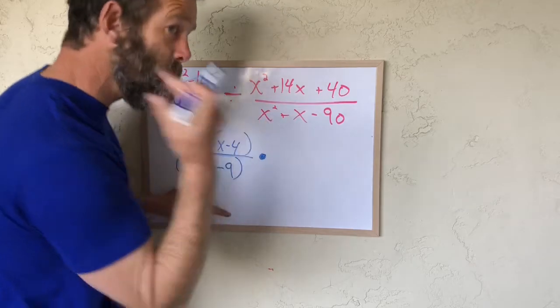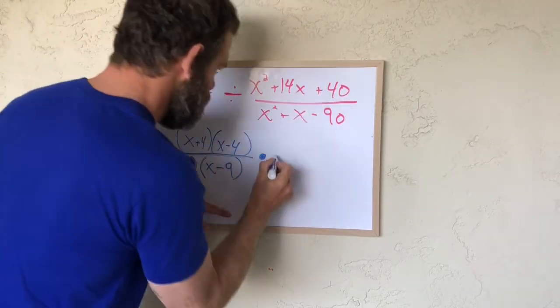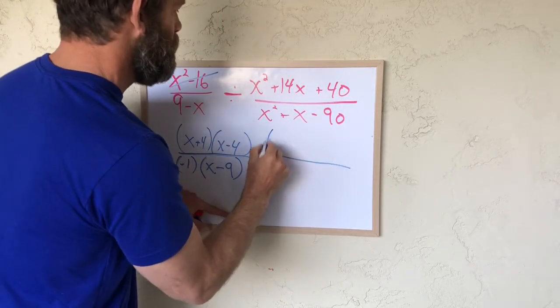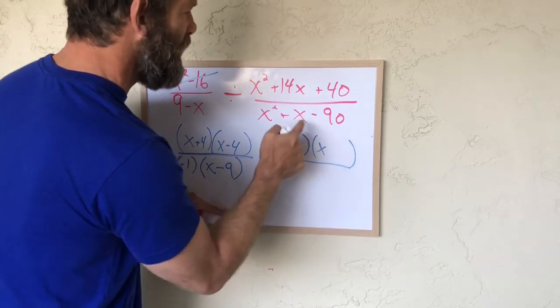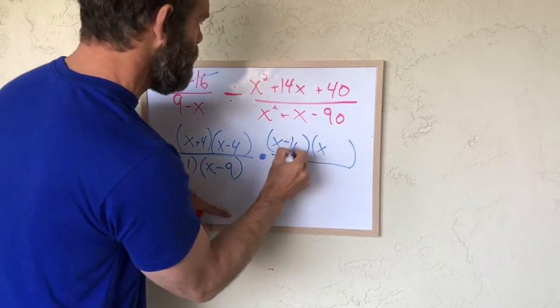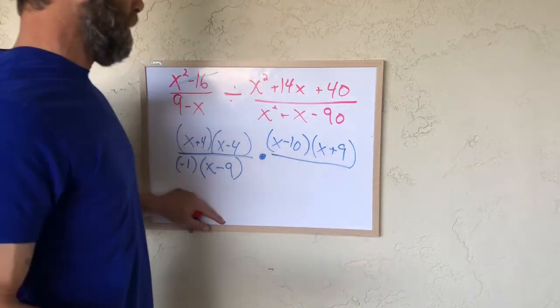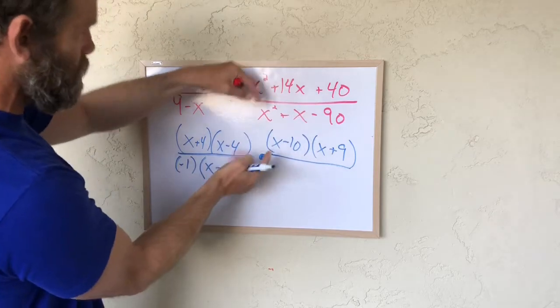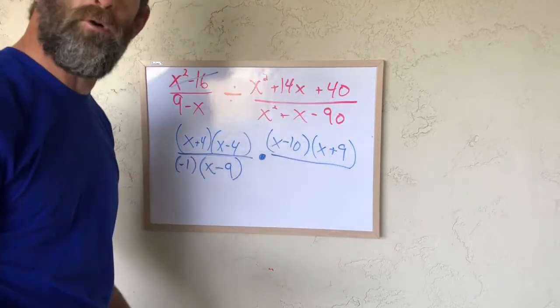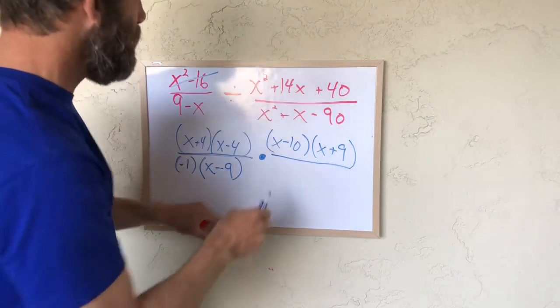So I'm going to mentally flip this and put this on top, and then factor this. Two numbers that multiply together to get negative 90 and add together to get negative 1 are negative 10 and positive 9. And this, because I'm dividing, I'm multiplying by the reciprocal, so this is my denominator now.